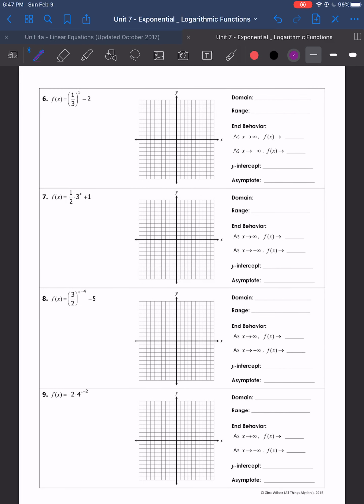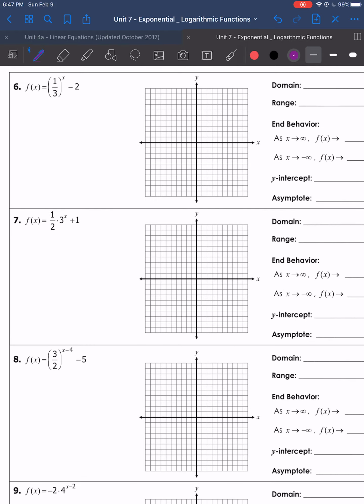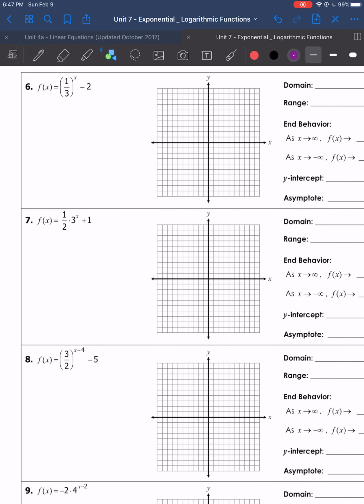So let's do at least one more of these. Let's do 2 more. We'll do 6 and 7. And we'll leave 8 and 9 for you to do. Alright. Let's draw our little t-tables here. So x and y.